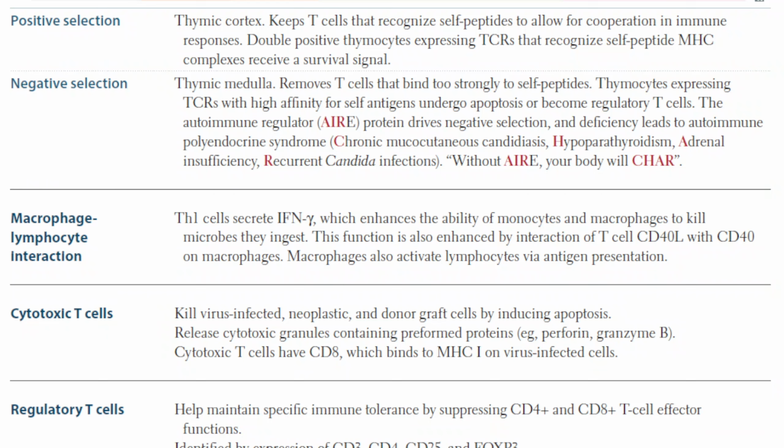The mnemonic is going to be CHAIR, like sitting on a chair.